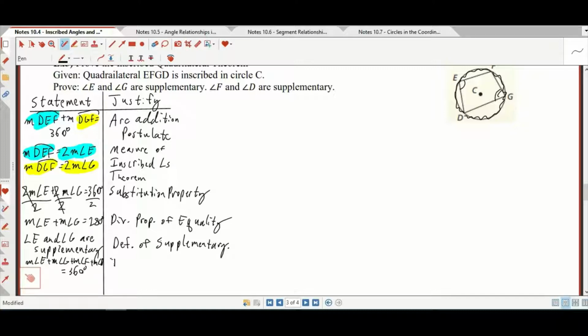And that's because the interior angles of a quadrilateral add up to 360 degrees. You might remember that from a previous lesson. I've run out of room, so I'm going to have to continue my statements and my justification for those statements over here.